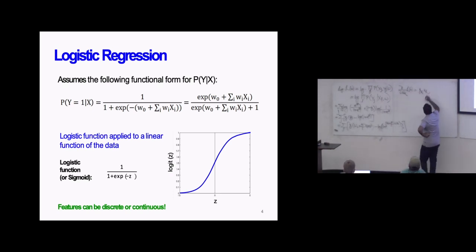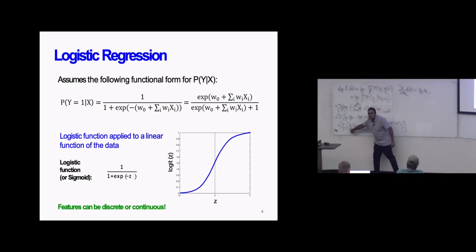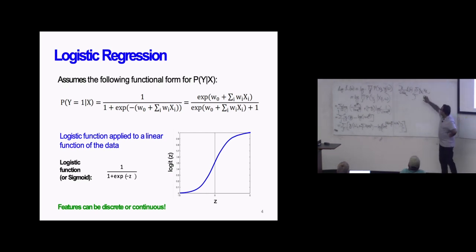Anybody here who doesn't see this? The derivative of this times this should be this. And we still have this summation over j that is outside. But for that term, we should have this. Any question on this?